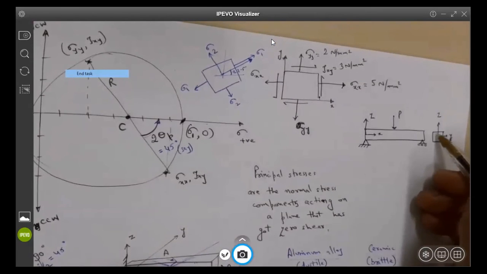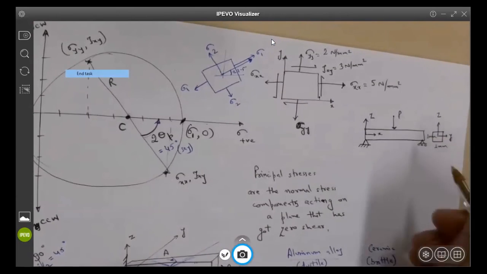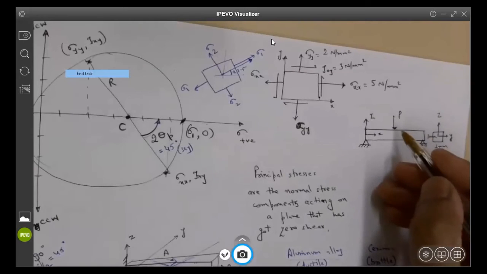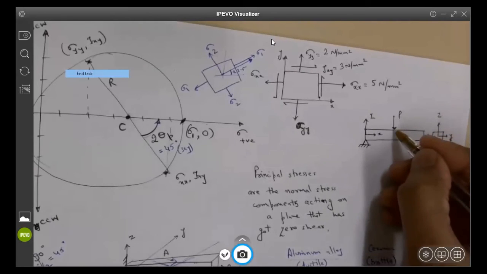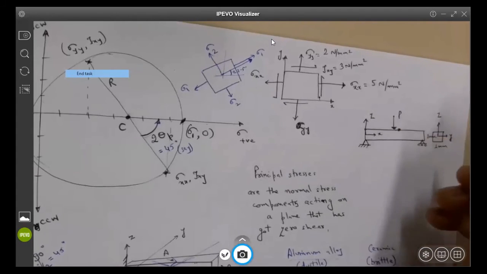So this is the cross section, a rectangular cross section, let's say 1 millimeter by 1 millimeter. And you have the load. I'm interested in finding the stresses at a point which is on the top surface, but near the load.